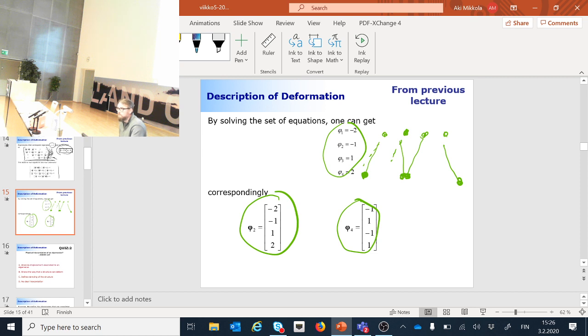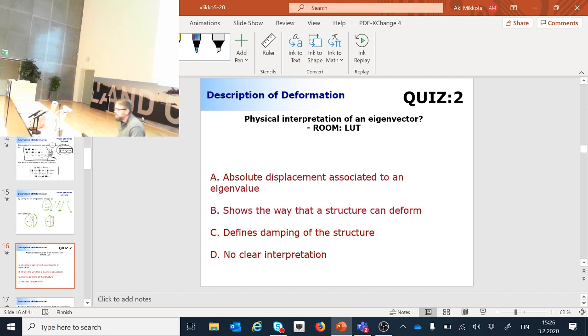If the next in-class quiz asks what is the physical interpretation of an eigenvector, can I do it? Are you 100% sure? Okay, let's move on. Physical interpretation of an eigenvector. What a surprise. So here it is.